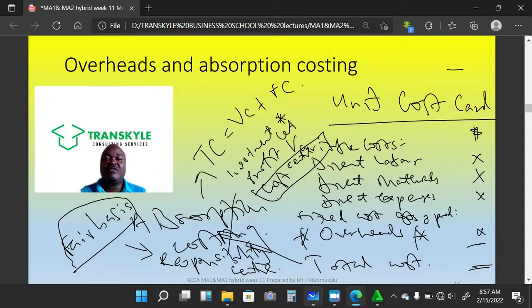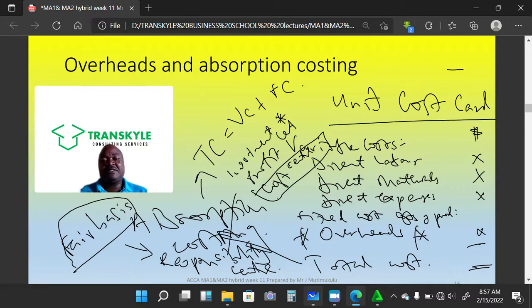When we are talking of a cost center manager, this guy is only responsible for incurring costs. So that is why we end up having a sharing approach which is based on fairness. There should be some fairness in doing the sharing of costs.